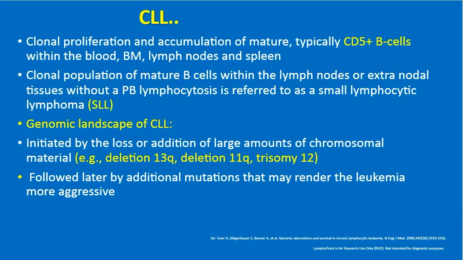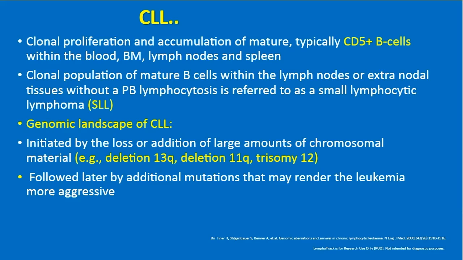Clonal proliferation and accumulation of mature, typically CD5 positive B cells within the blood, marrow, lymph nodes, or even spleen is the identification of CLL. And these clonal mature B cells within lymph nodes or extranodal tissues without a peripheral blood lymphocytosis are called SLL.